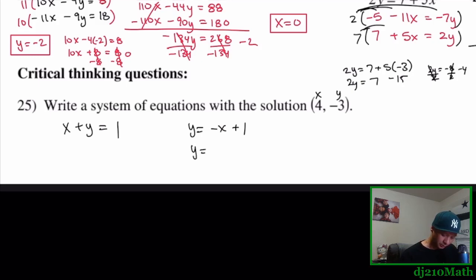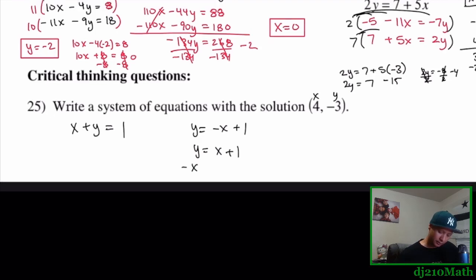So y equals positive x plus 1. Therefore, when I move this over, this would be negative x. Well, no, that's not going to work because that gives me a line that is perpendicular, but doesn't guarantee that it's going to go through 4, negative 3.